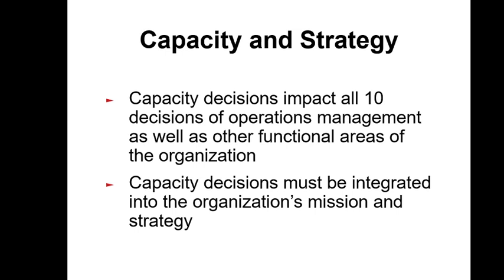Before you take any decision with regard to capacity, look at your strategy. For example, maybe one of your strategic goals is to increase your geographical market areas. That means you want to increase your market share.